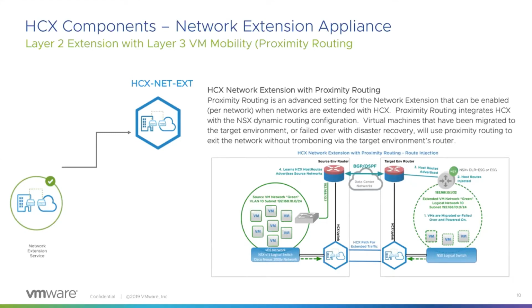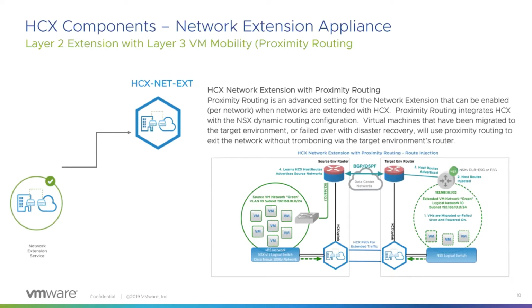Proximity routing means that the traffic routing is location aware, which means that instead of hairpinning the traffic back to the source side and then exiting from the source gateway, we will have an NSX edge used as a gateway on the target side. The way this is achieved is using /32 static routes, which are injected whenever a virtual machine is migrated from the source to the destination, and it is recycled.